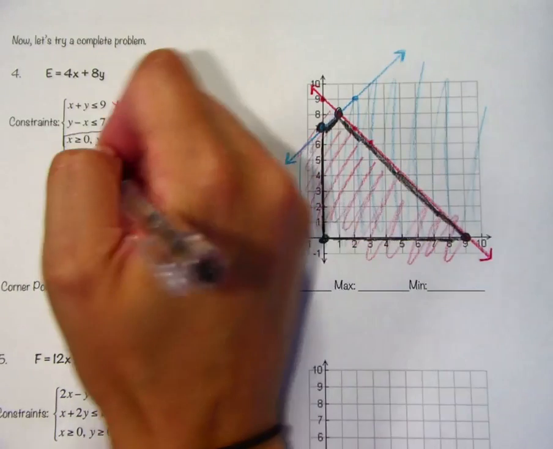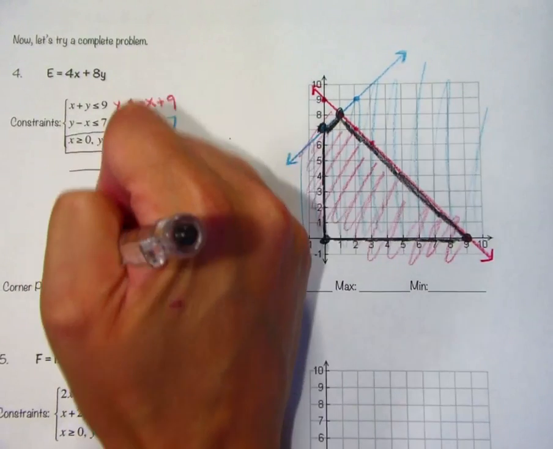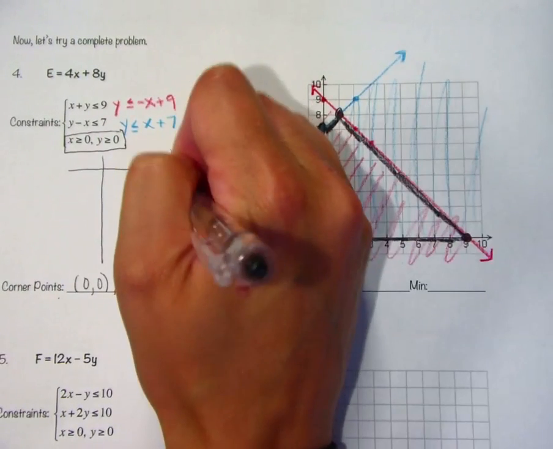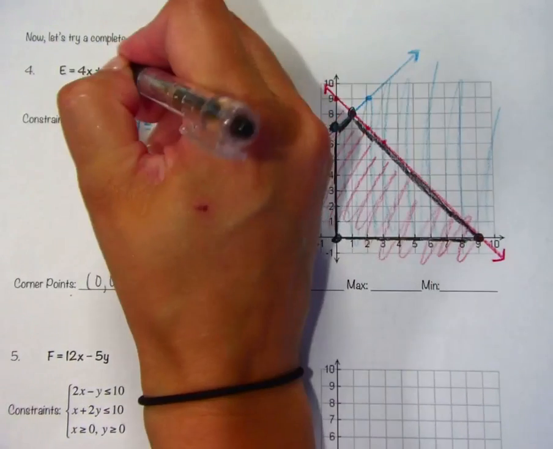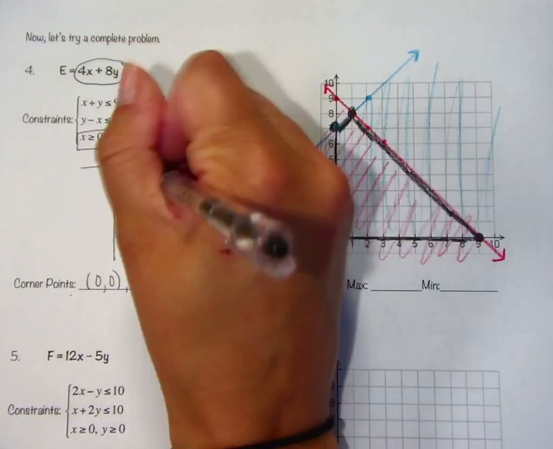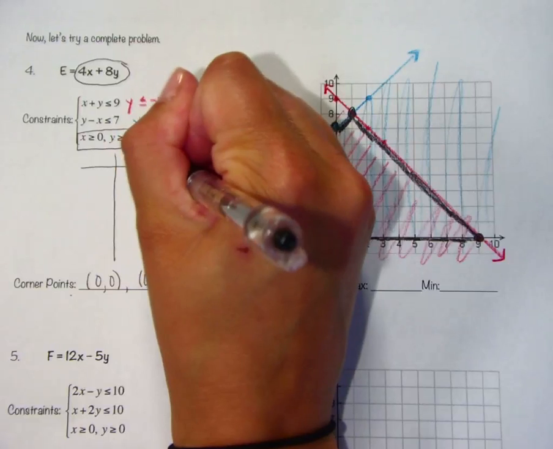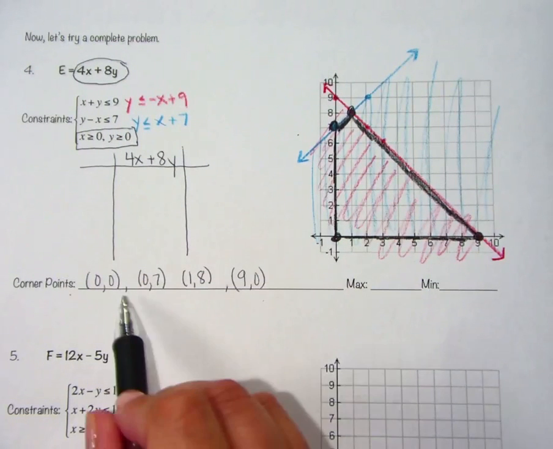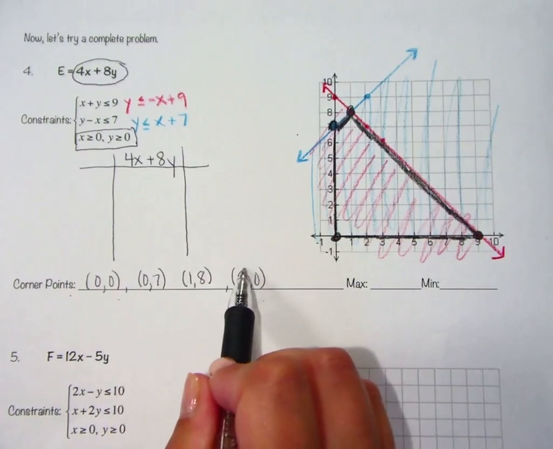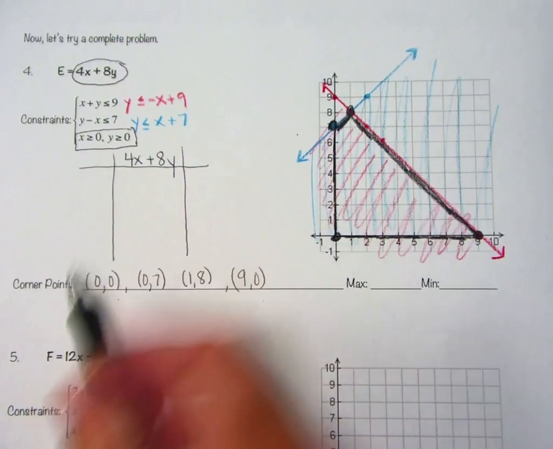So at that point, we go back, set up our chart that we worked on at the beginning. We take that expression from our objective function, put that in the middle, and then just take our corner points that we found, plug them in.